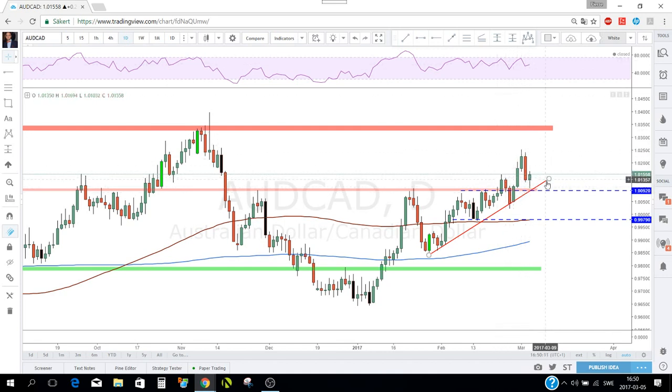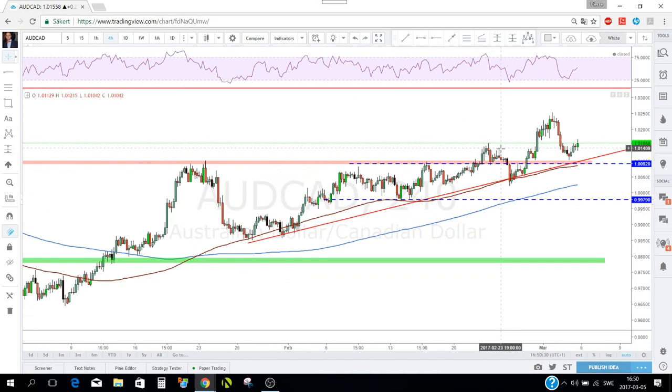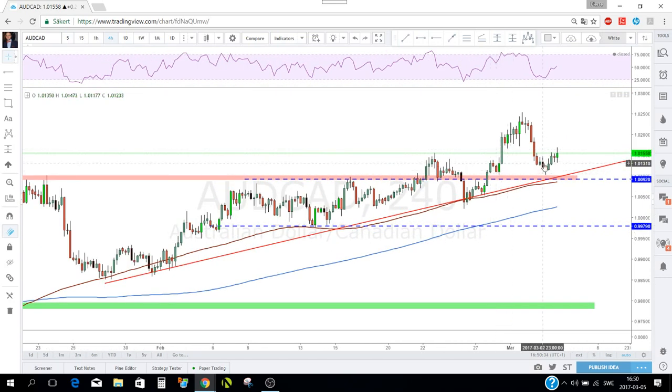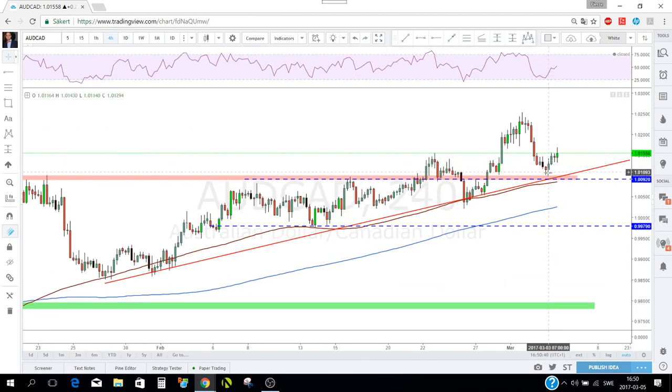I don't think that we should be thinking something else than long for the moment, because if we're going to talk textbook structure, as you see, we're still doing higher highs and higher lows, and there is no reason to think something else than trend continuation for now, because all the signals are to the upside.